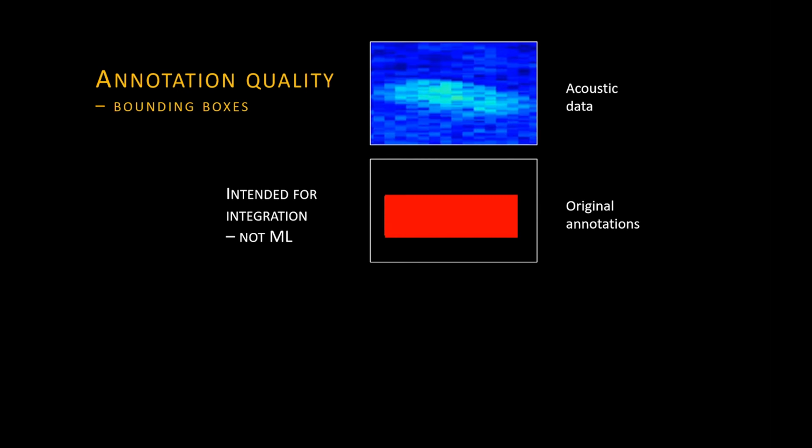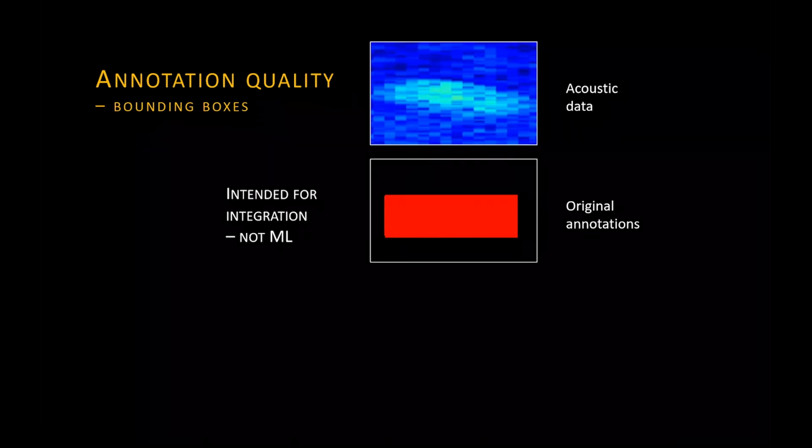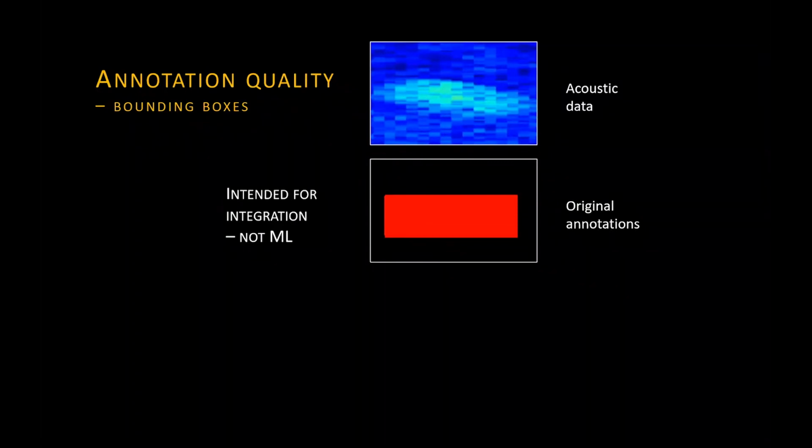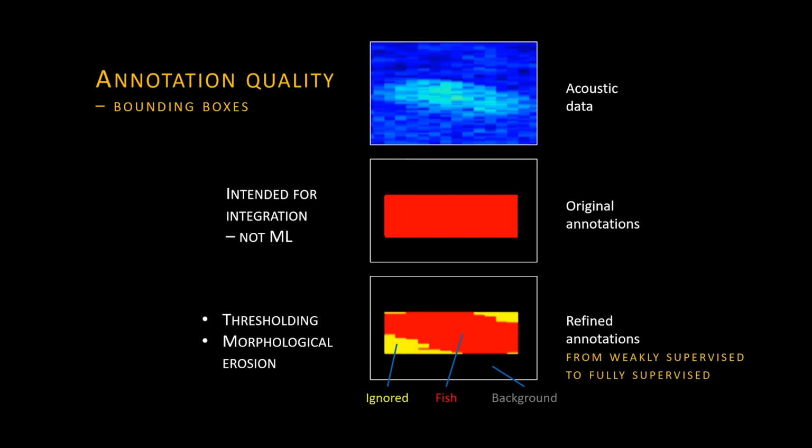But we would like this to be a bit more machine learning friendly, to be able to use this in a fully supervised setting. So what we do is make these refined annotations, which we use for training. We apply thresholding on the original annotations based on the acoustic data, and we also apply some morphological erosion.